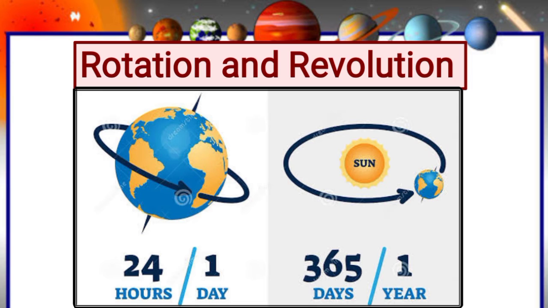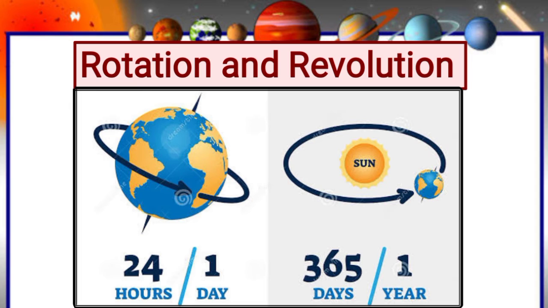Suppose it takes only 87 days for Mercury to orbit the sun, but 12 years for Jupiter to make the journey. Now let's understand what is rotation.